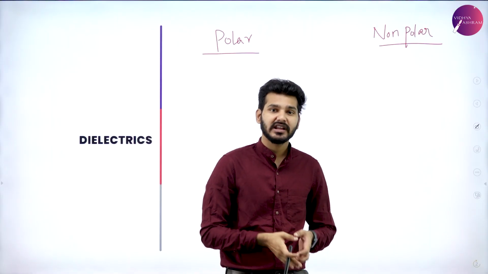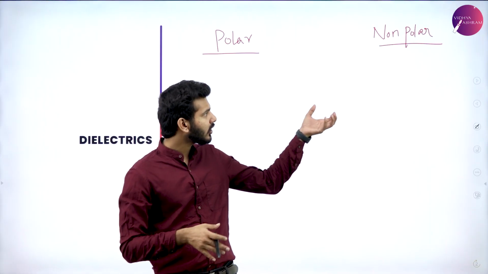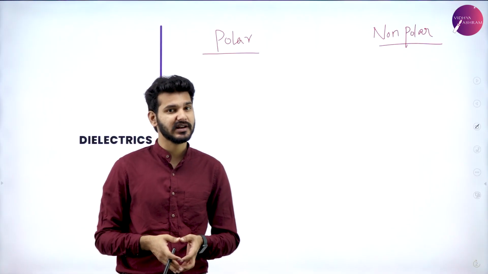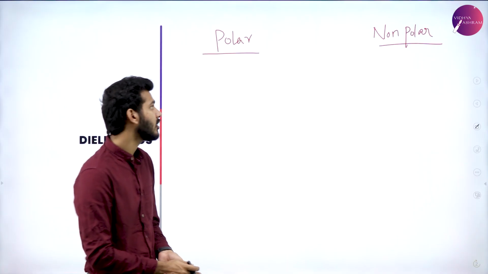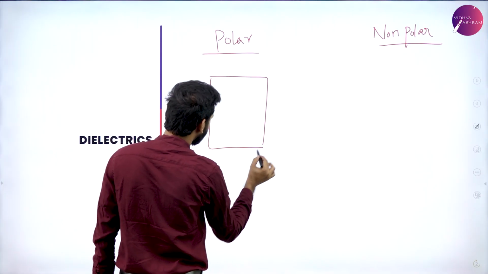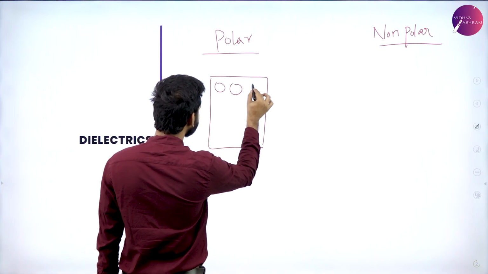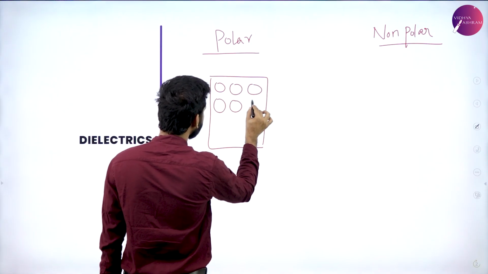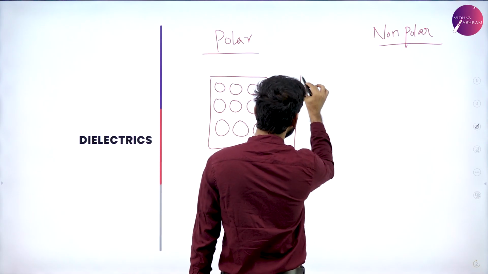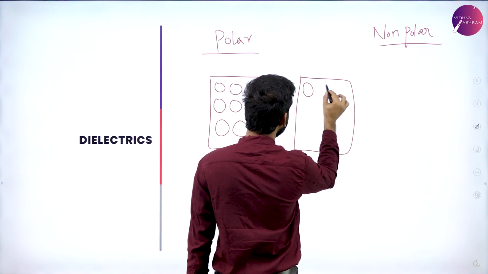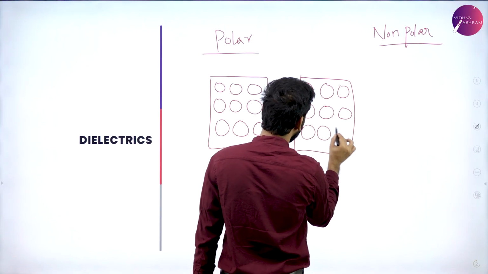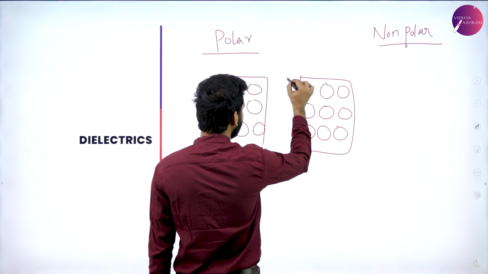Now what will happen if I place a piece of both polar and non-polar dielectric in the presence of an external electric field? That is what we are going to see right now. Let's say this particular piece is a polar dielectric, and I'm going to keep this in the presence of an external electric field and see what happens.